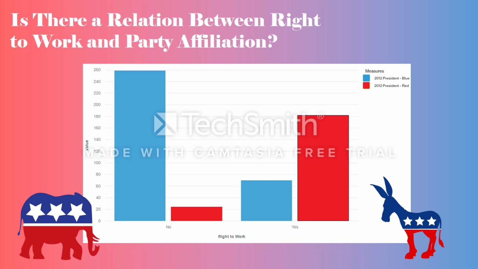Next, is there a relation between the right to work and party affiliation? I wanted to see a comparison as to the right to work regarding the two parties of people who voted in the 2012 presidential election. This is to see whether or not the state that is yes for right to work swings either more Democratic or Republican, and the same goes for a state that would vote no. I was surprised to see such a large gap in the states that did vote no in terms of Democratic and Republican affiliation.